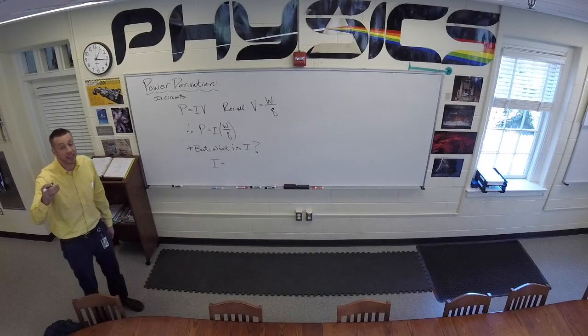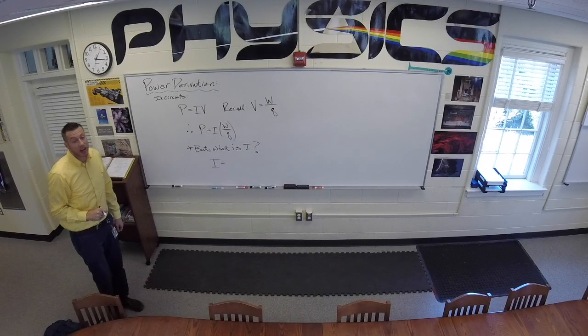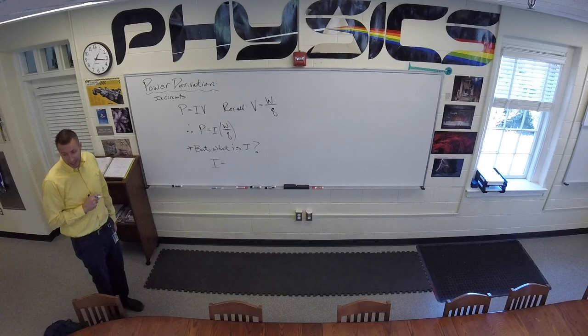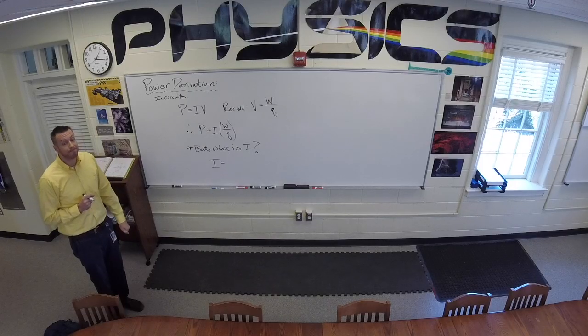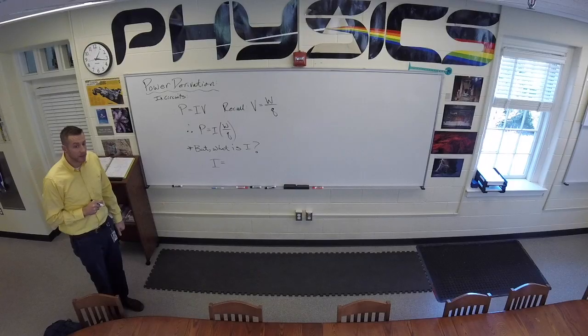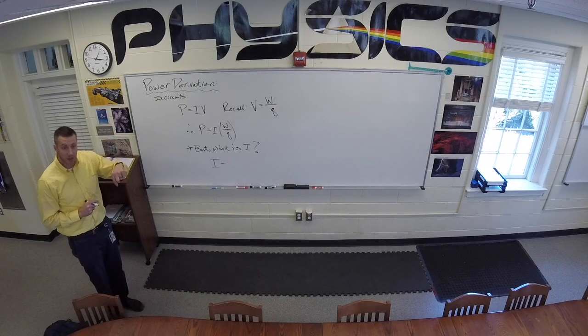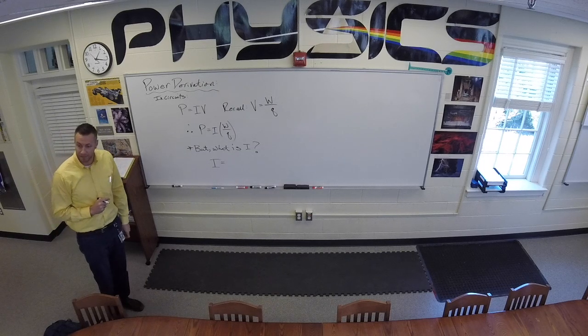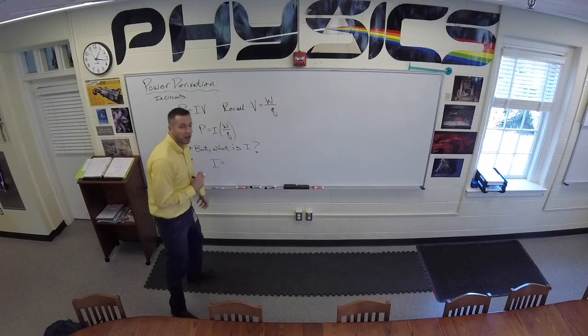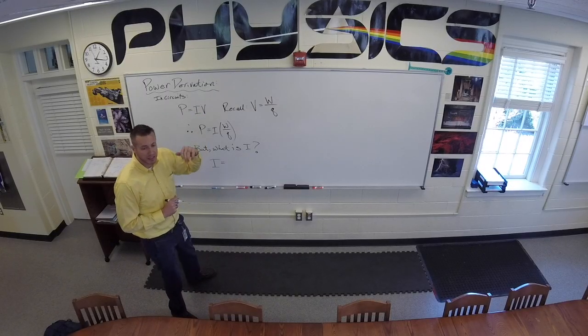If the something is q, then how would I write it as a rate? Q over what? How do we describe rate? Think about velocity. Velocity is distance over time. So movement of charge would be charge over time. Exactly. Very good. The flow rate of anything is that thing divided by time.